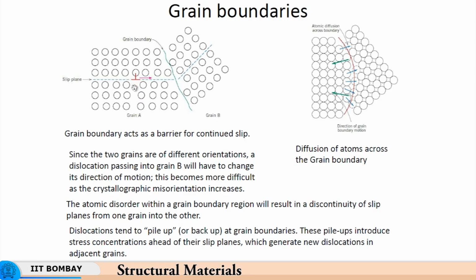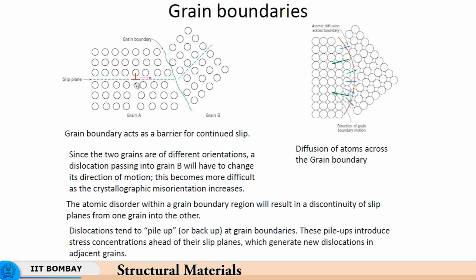So point defects mean that an atom is missing from that particular location, or an interstitial means that an atom is present not in the regular lattice position but somewhere in between, in an intermediate position.